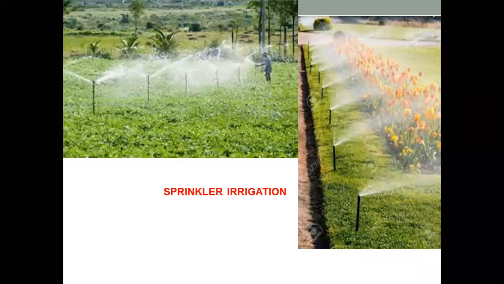Water is transported through pipes up to the agricultural fields, and at the agricultural field, the end of the pipe is connected to a nozzle which has a very small diameter, so that the water falls out of those nozzles with a very high velocity and under pressure.